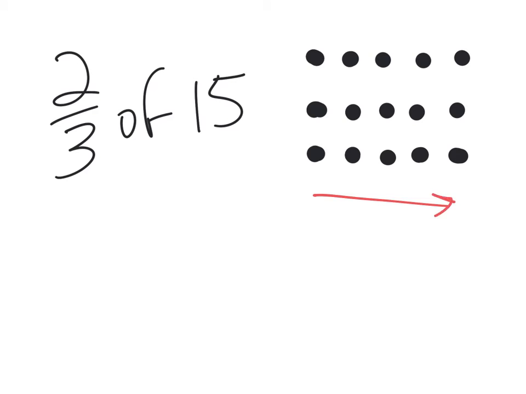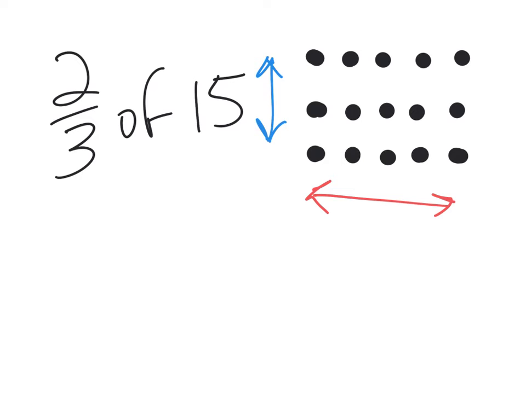In red, I'm going to draw an arrow looking left to right. And then in blue, I'm going to draw an arrow looking up and down. And what I see, and I don't know if you guys see it, but when I look at this model or this array, I see two things. I see thirds, but then again, I also see fifths.